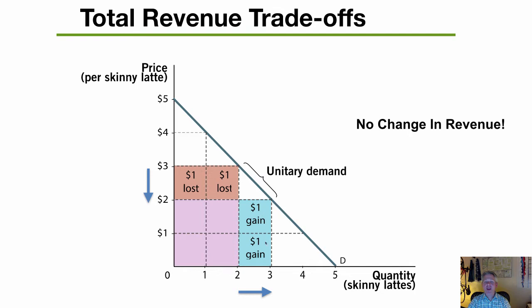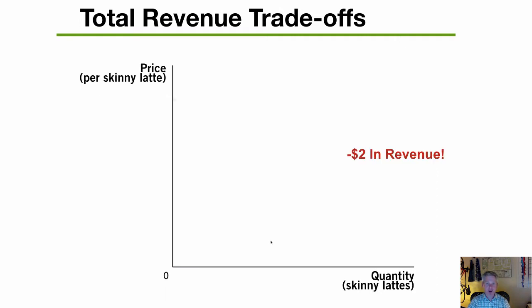And now we gain $1 for each of these new units that we are selling. So we lost $1 on the old units that we were already selling, but we gain $1 on these new units. All right. So there's no change in revenue. The dollars you've lost by lowering the price are offset by the dollars you've gained by lowering the price.